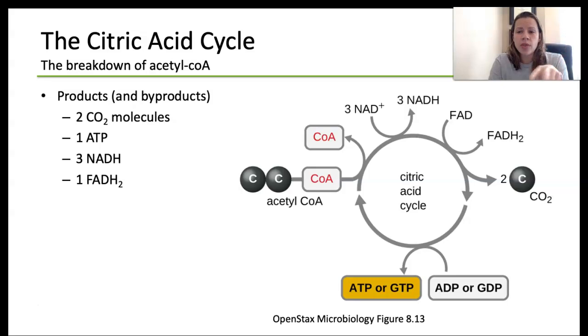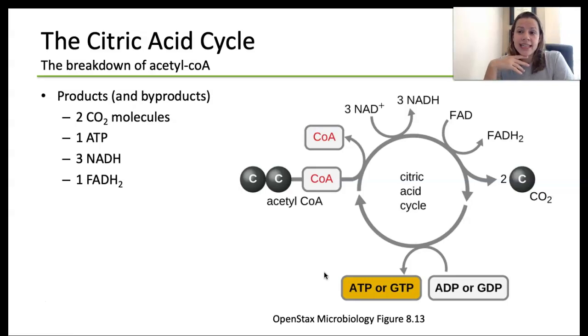And we are going to create some products and byproducts. So for the 2 acetyl-CoAs that go in, because remember there were 2 pyruvates, we're going to lose the rest of the carbon dioxide here. So 1 acetyl-CoA will release 2 carbon dioxides. We're also going to make 1 ATP, or sometimes we can make another energy molecule called GTP. Usually we're going to be going for ATP.